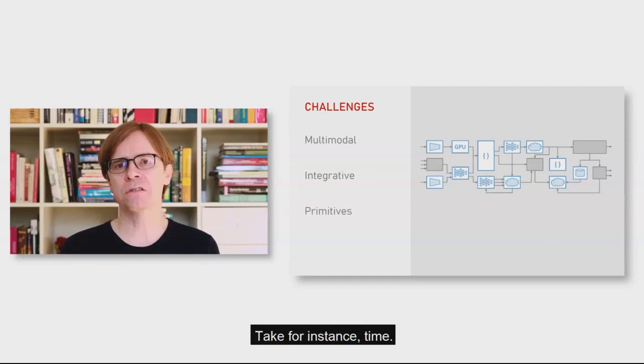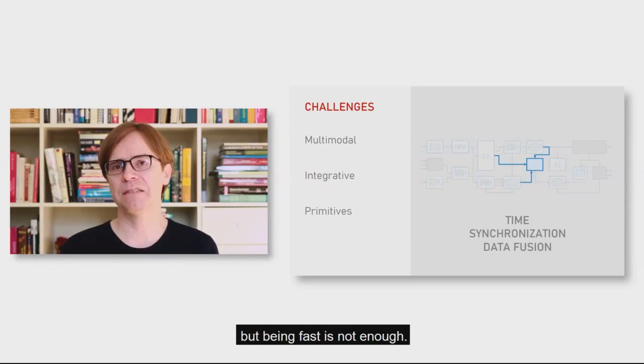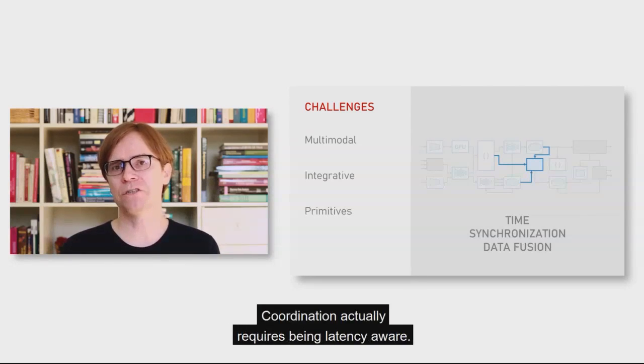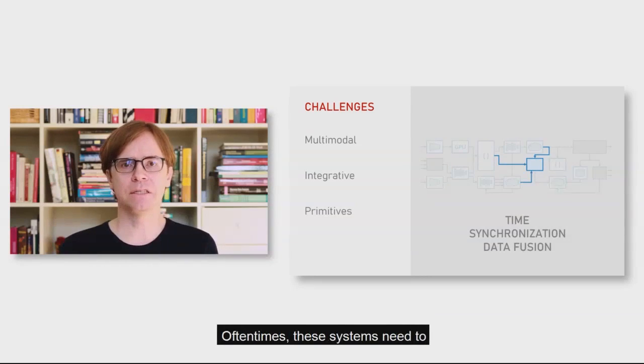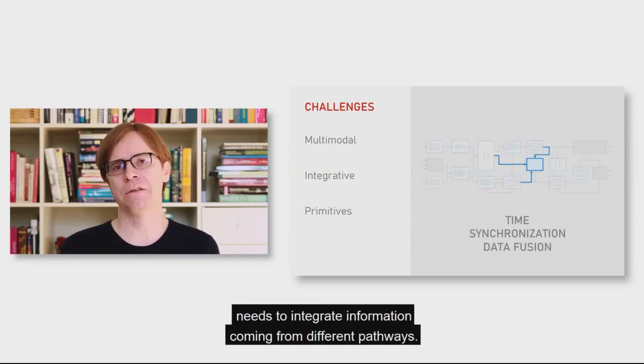Take, for instance, time. I've already mentioned that these systems need to be fast, but being fast is not enough. Coordination actually requires being latency aware. Oftentimes, these systems need to perform data fusion, where a component needs to integrate information coming from different pathways.